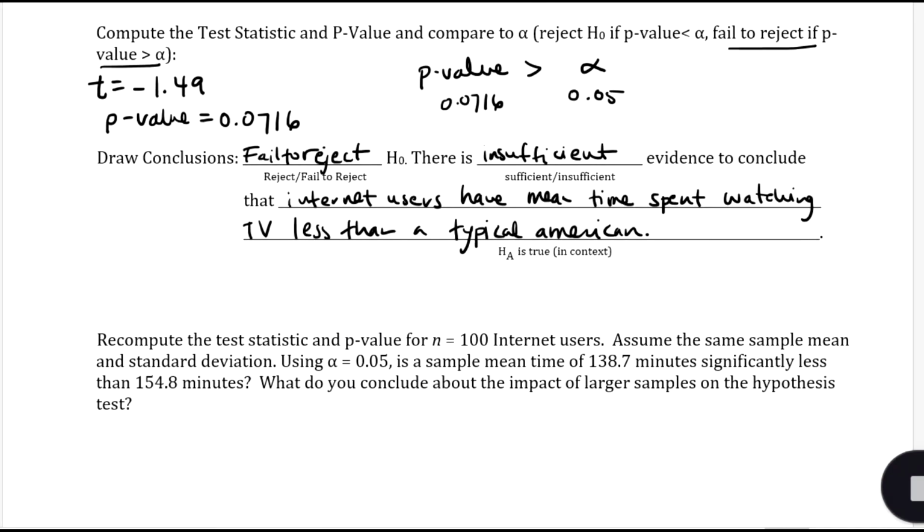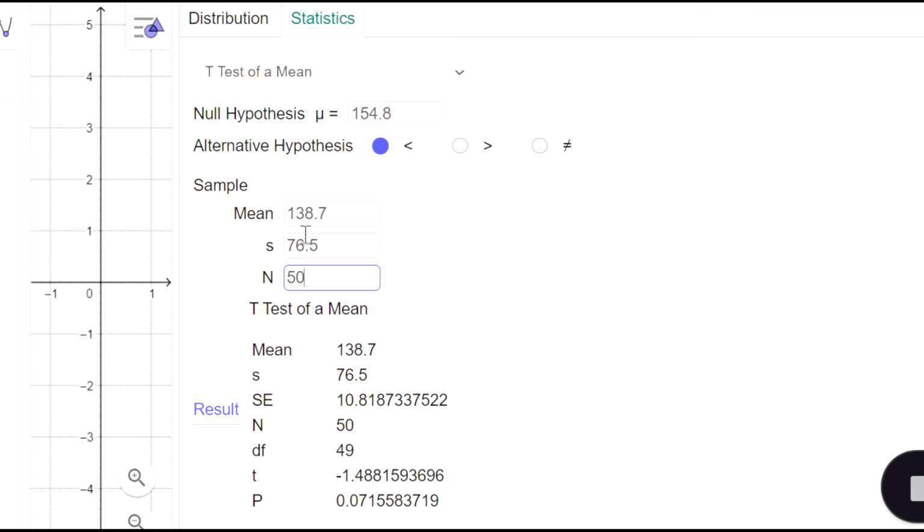So we're going to recompute this test statistic and p-value with everything being the same, except instead of our sample size being 50, we're going to have a larger sample size of 100. We're doing the exact same procedure, but changing this one statistic.